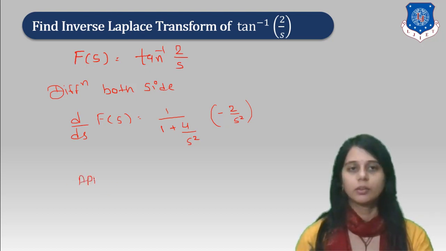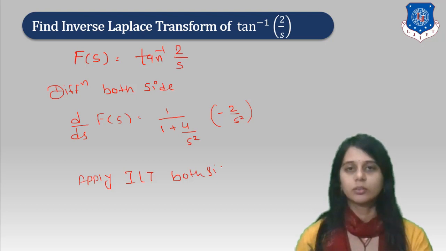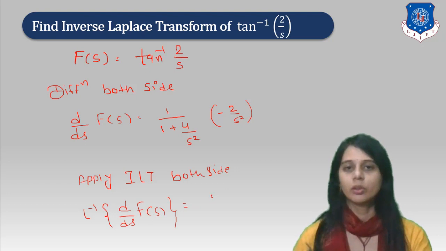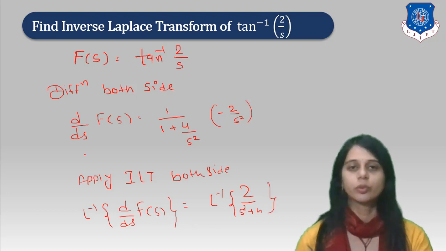Apply the inverse Laplace transform on both sides. We get the Laplace inverse of d by ds of F of s equal to the Laplace inverse of 2 upon s square plus 4.